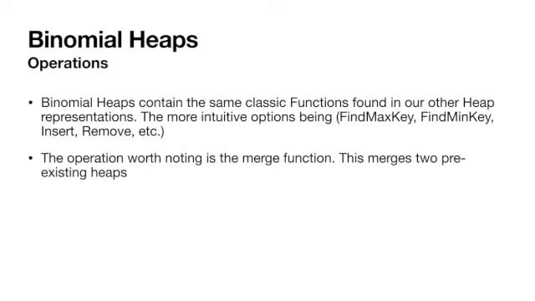But the operation that I thought was most worth noting and discussing was the merge function, which is used to merge 2 pre-existing heaps. The ability to do this efficiently is considered one of the primary benefits of using binomial heaps.